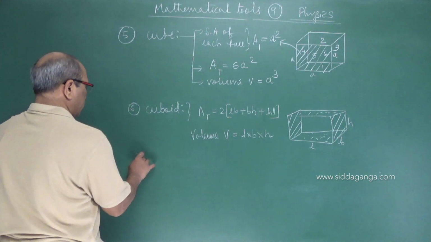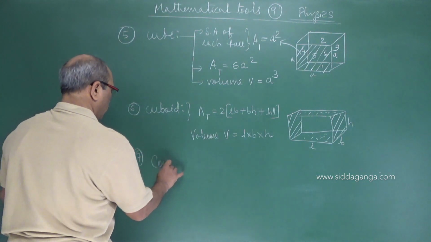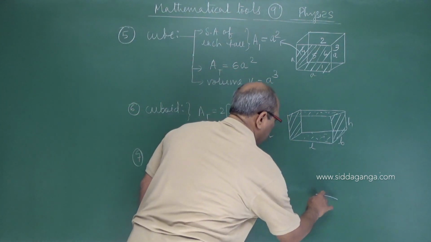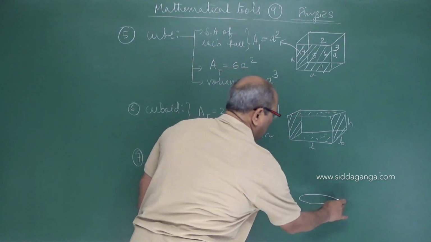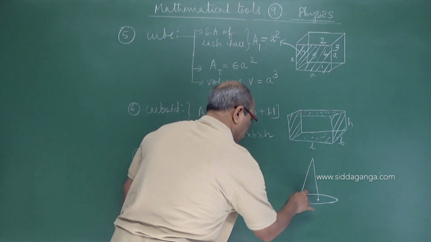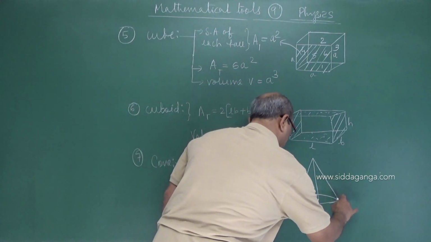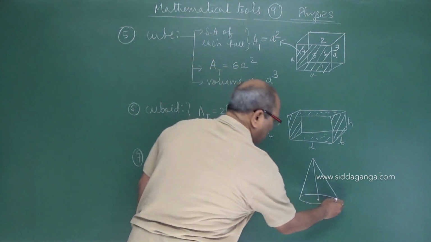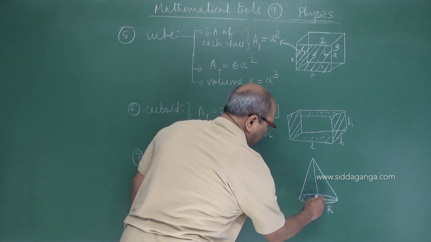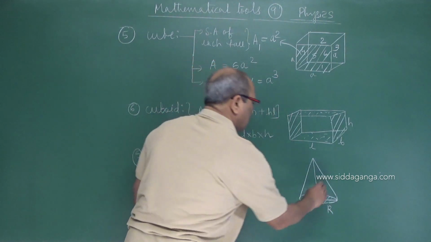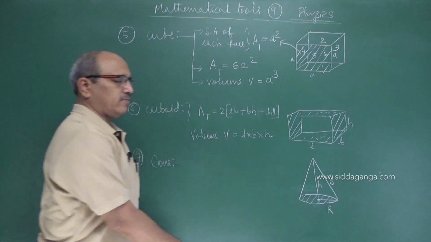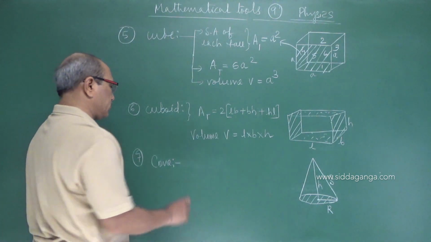So coming to the seventh one, a cone, the most important one. You have learned in high school. All these formulas are known, they are not new, but our aim is to know what you know for the physics concerned in the PUC. If this is the base radius, it is called the base and base area, this is the height and this is the slant curved surface.